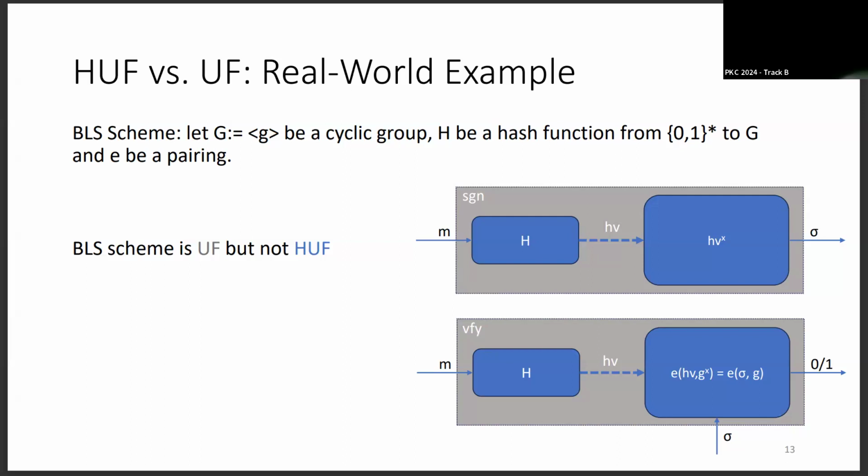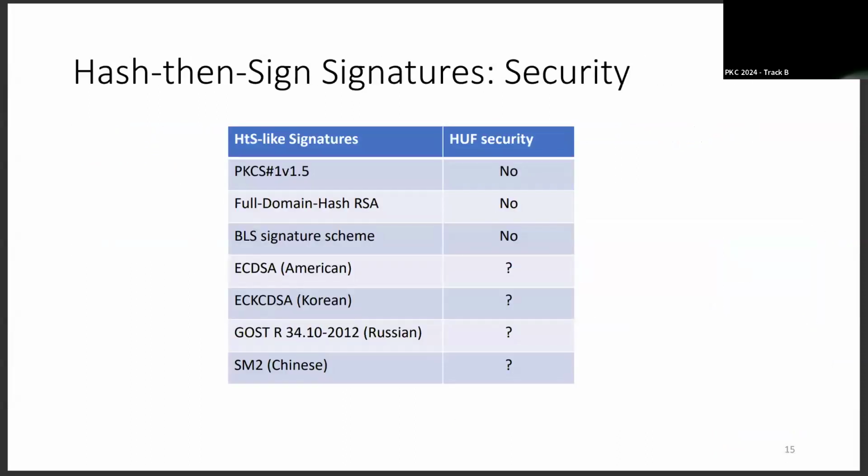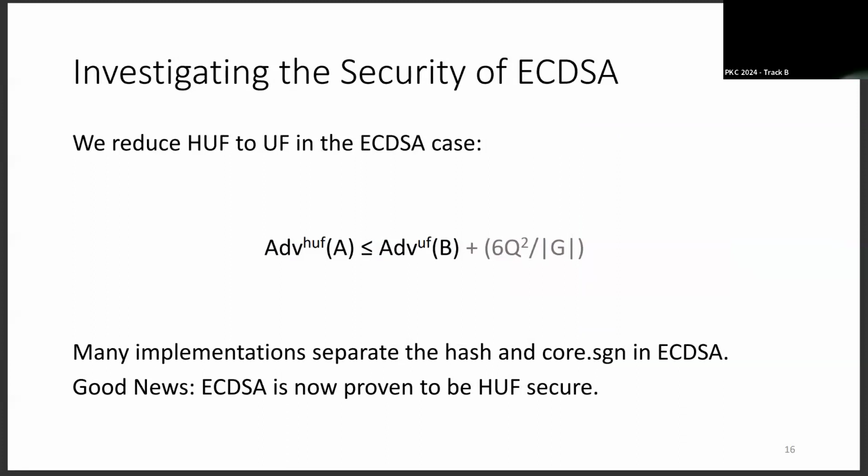But in the normal unforgeability definition, this scheme might be secure, because if you combine the collision resistant hash function with this core signature scheme, then this is fine. ECDSA is not fully secure in... Sorry? Yeah, okay.